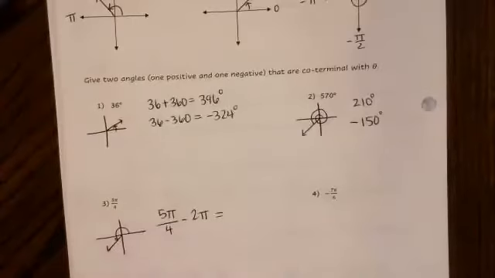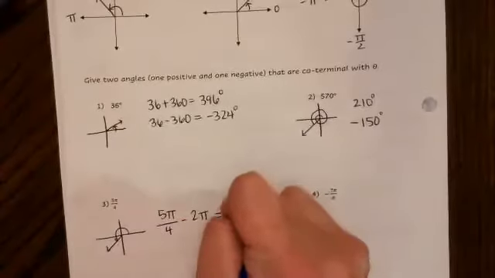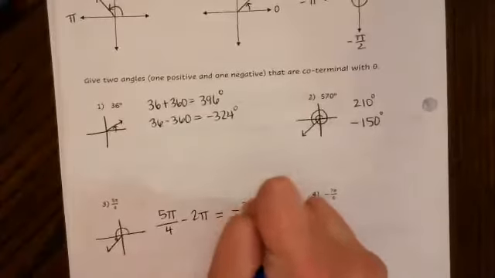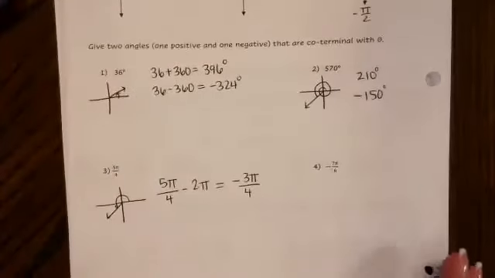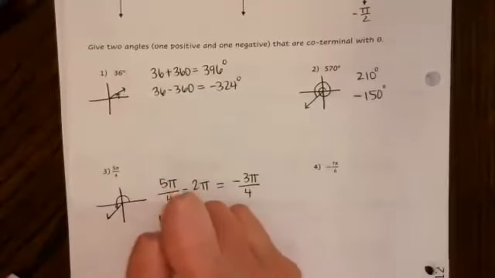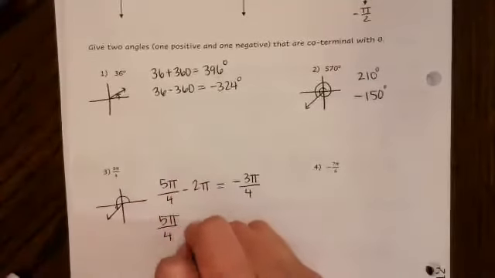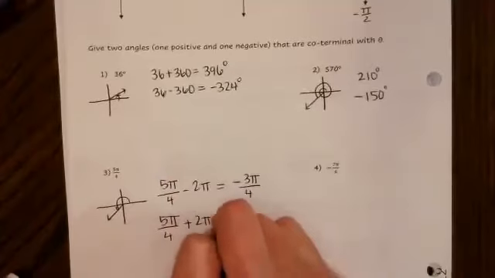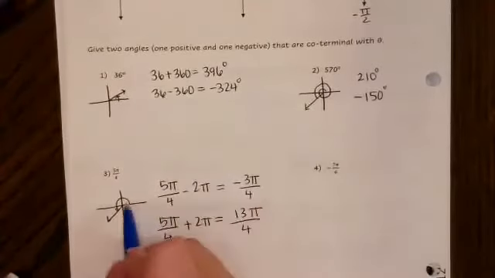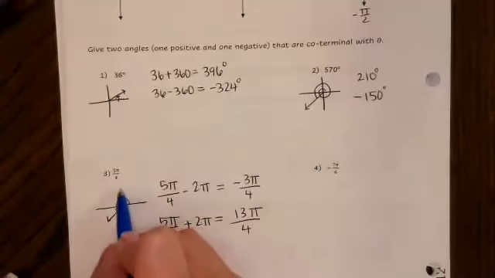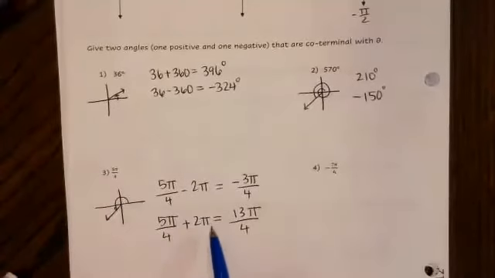So if I take this and subtract that 2 pi, we get negative 3 pi over 4. There's my negative coterminal angle. And if I do 5 pi over 4 plus 2 pi, I get 13 pi over 4. That would be my positive one. That's when it went all the way around and then again. So 2 pi's all the way around and then the 5 pi over 4.